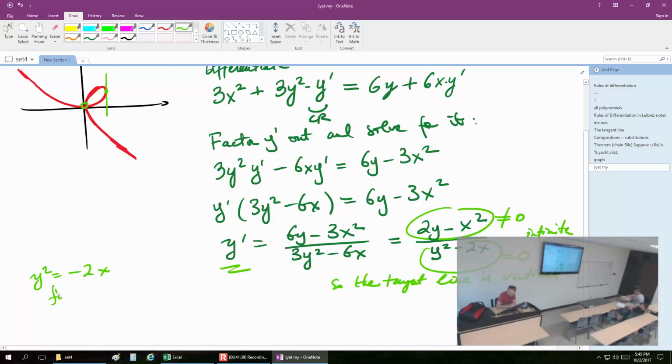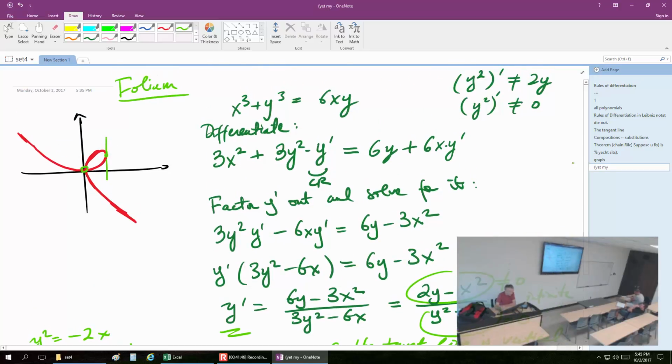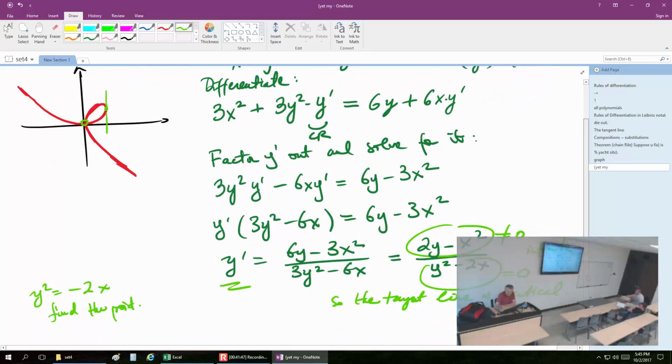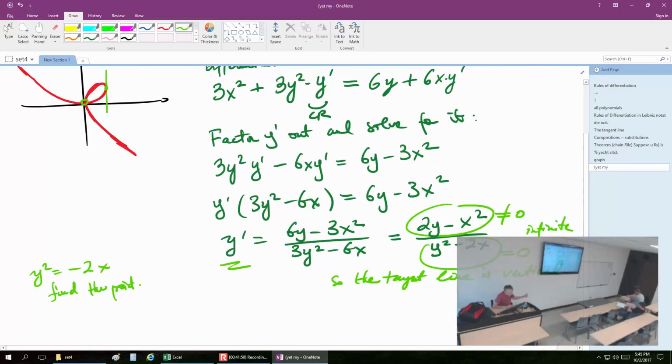We do know that there is another one. The new equation is a parabola that looks like this, so it intersects our curve, and at that intersection we have a vertical tangent line. And then we also have a horizontal tangent line, right?